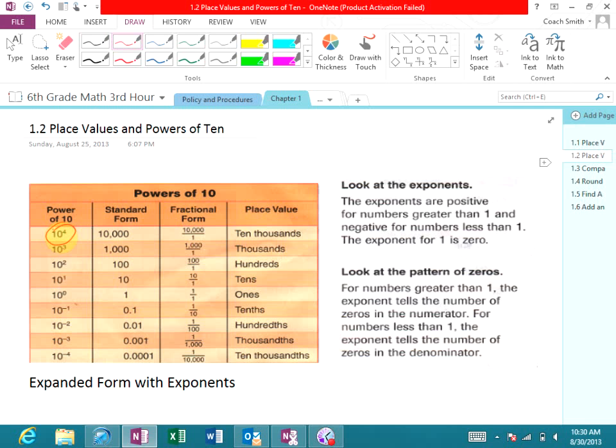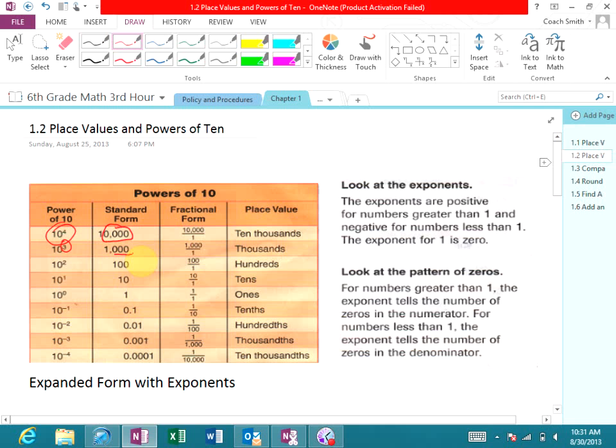Now, let's look at this. 10 to the fourth power, how many zeros do I have? There are 4 zeros. 10 to the fourth power is a 1 with 4 zeros after it. 10 to the third power has 3 zeros.